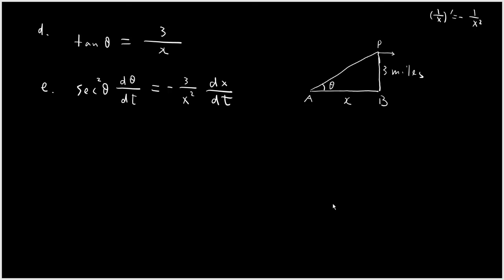Now in step F, we are going to plug in the numbers. All the values are computed at the moment when the x value is equal to 4 miles.